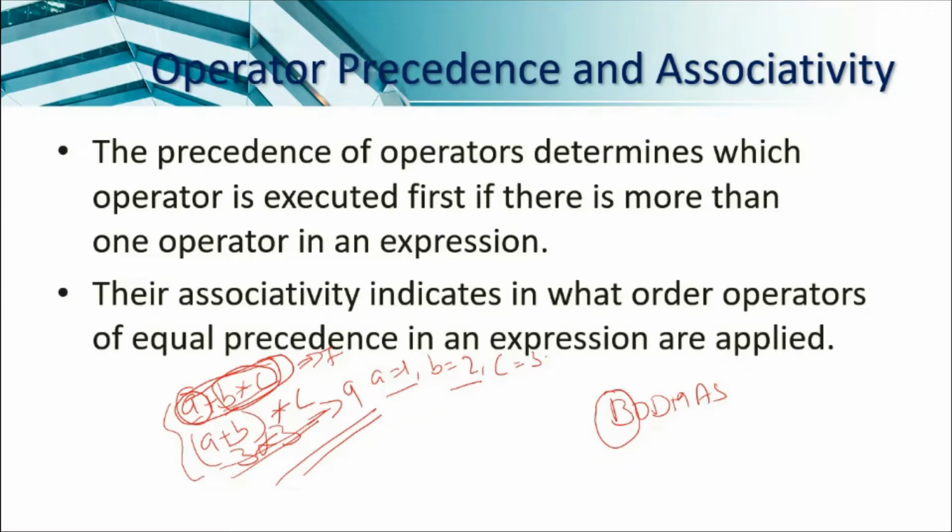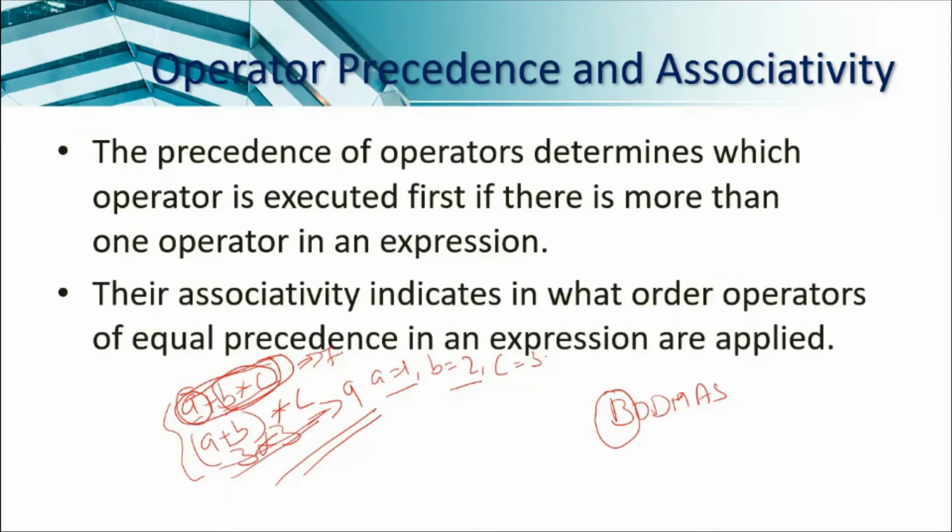So you have to put sufficient brackets, or consider the precedence of the operators while writing expressions inside a C program. The precedence of the operator determines which operator is to be executed first if there is more than one operator.